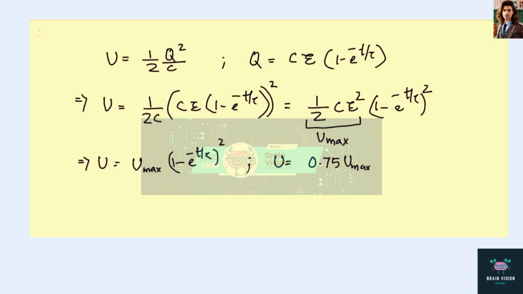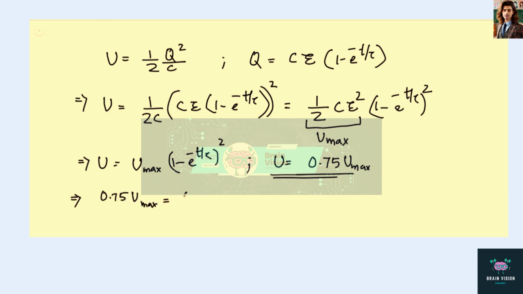So the only way to get the maximum potential energy is to calculate it at t equals 0. That's what we do, and we find U max to be half C times the square of the EMF, and we plug U max in place of this expression. Now, since we are given U equal to 0.75 of U max, we plug this value over here to find the time it takes to reach this potential energy.